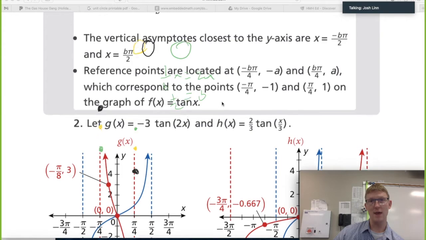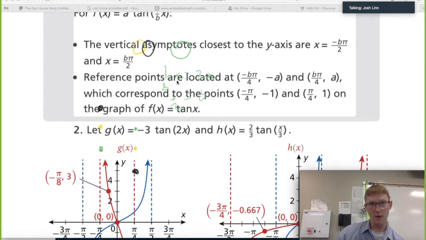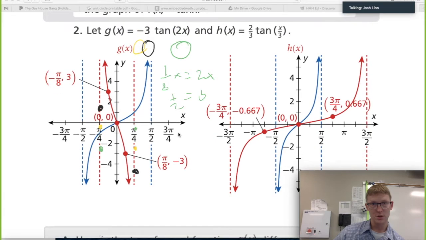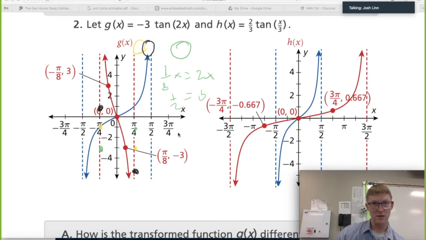Or we do have a formula. The reference points are located at negative b pi over 4. So let's line this up. Close enough. So negative b pi over 4. So negative 1/2, negative b pi over 4 is pi over 8.